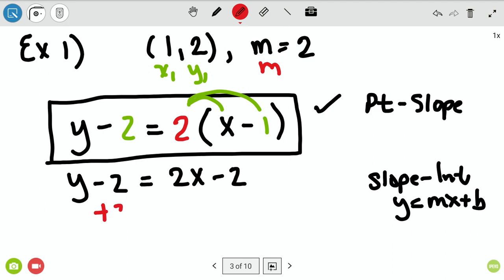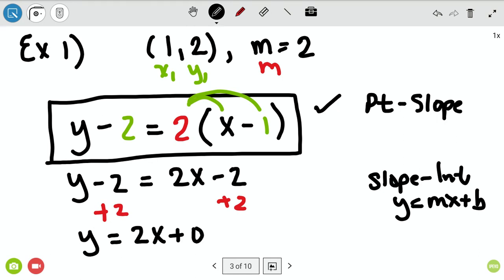We add 2 and add 2, and we get y equals 2x plus 0. And that's okay to have a 0 for the b. If I were to ask you what the b is here, the b is 0, or the y-intercept is 0. If you were asked to write it in slope-intercept form, this would be your answer.